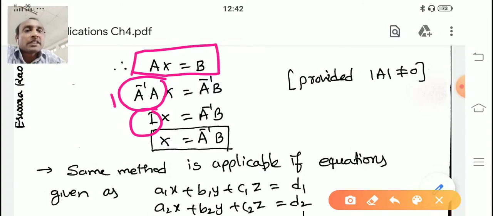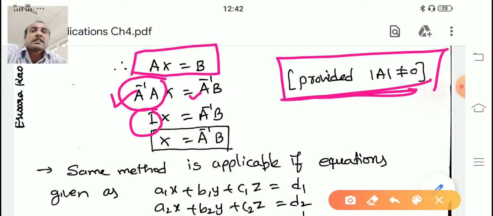But multiplying A inverse means A inverse must exist first. A inverse exists when the determinant of A is not equal to 0. That is the reason the condition that determinant of A is not equal to 0 was mentioned.